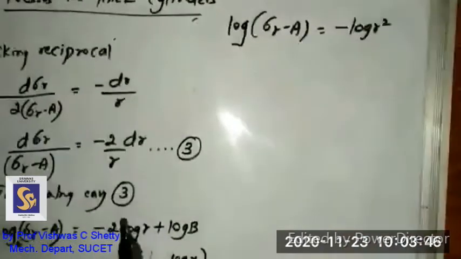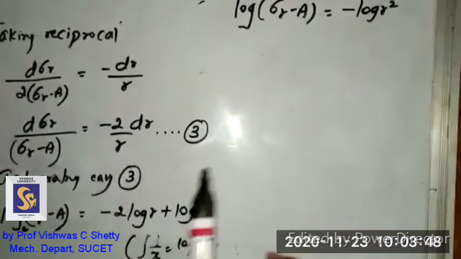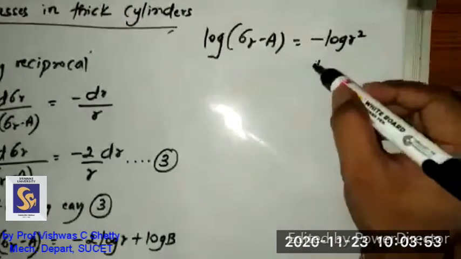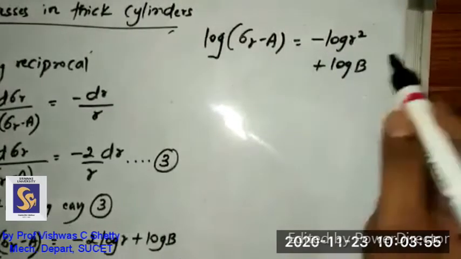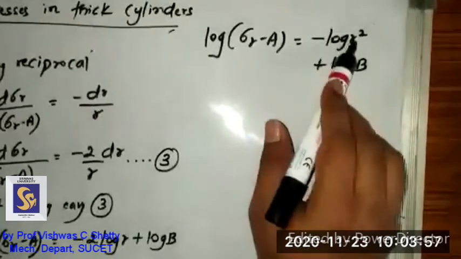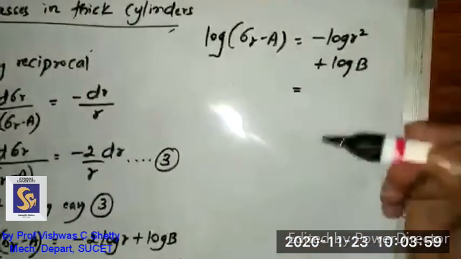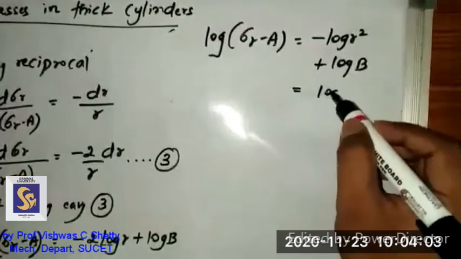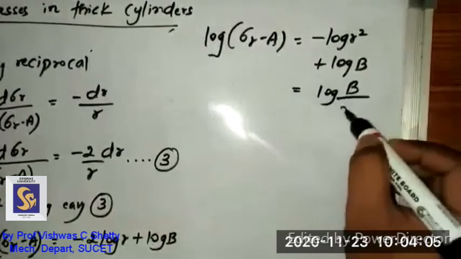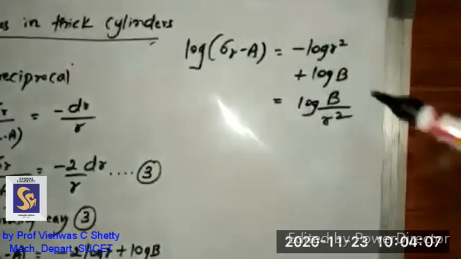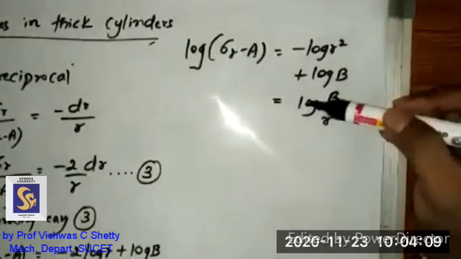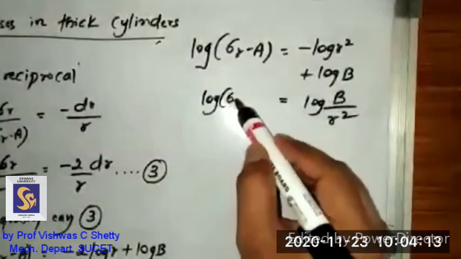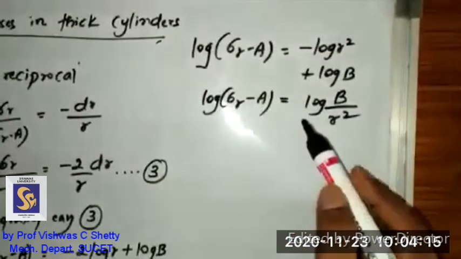Plus log b. What about log b minus log r square? Then it becomes the divisor, so you can write it as log of b upon r square. Since here it is logarithm on both sides, you can take anti-log and cancel out each other.